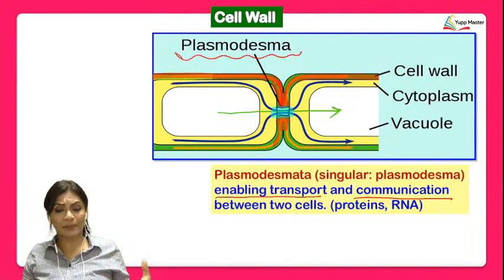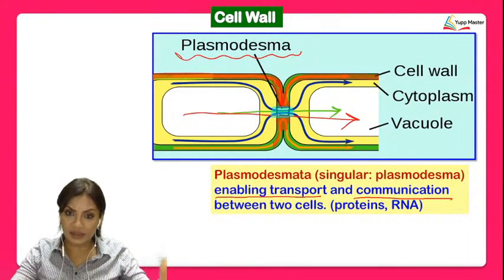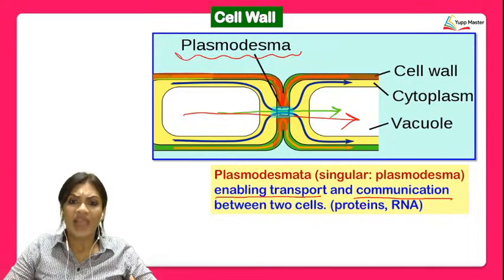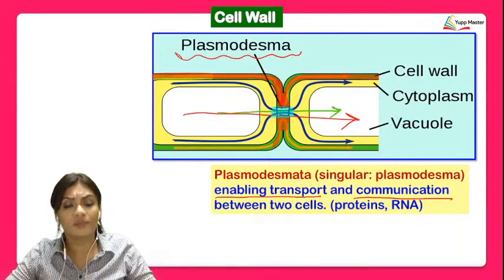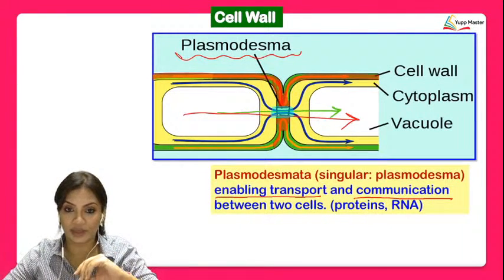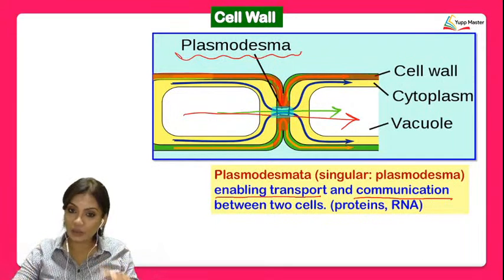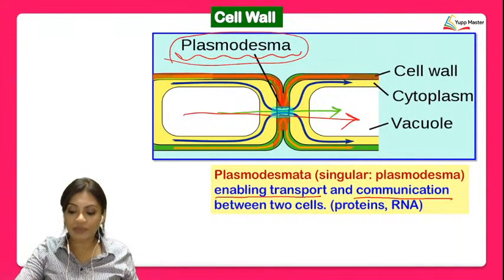For example, if proteins need to travel from one cell to another, if RNA needs to travel, or any nutrients need to travel, that traveling is done by the plasmodesmata. So communication between two cell walls is done by plasmodesmata.